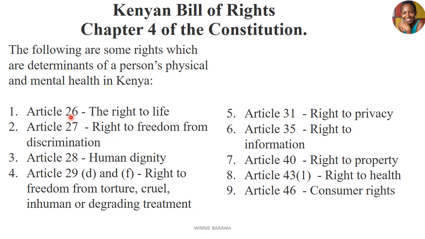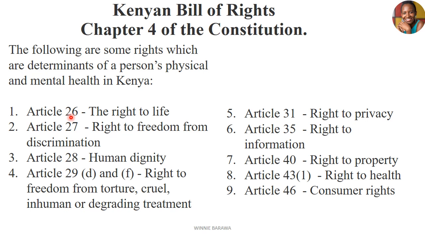We do not have a right to end a patient's life. They still have a right to freedom from discrimination. Do not look down upon them because they have terminal illnesses. Promote their dignity, protect them from torture, ensure that they have a right to privacy, the right information, that properties are kept safe, right to good health, and that even their consumer rights are maintained.